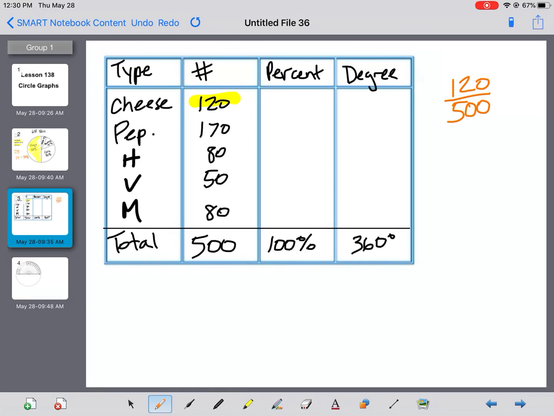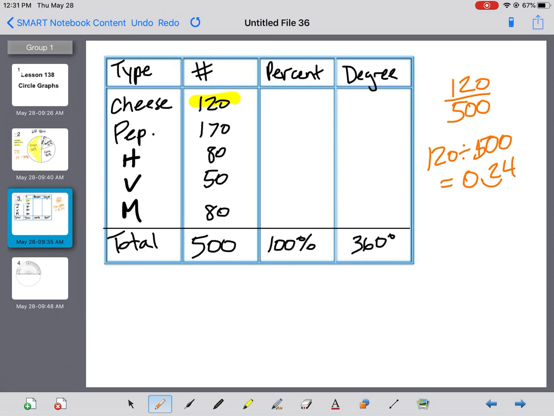Now for today's lesson, you're going to be doing a lot of calculations, so if you'd like to use a calculator for it, that's fine, just to speed things along. Just make sure that you're punching in things accurately. So if you do 120 divided by, not 15, I don't know where that number came from, 500, you should come up with 0.24. And remember, that is the decimal form of our percent.